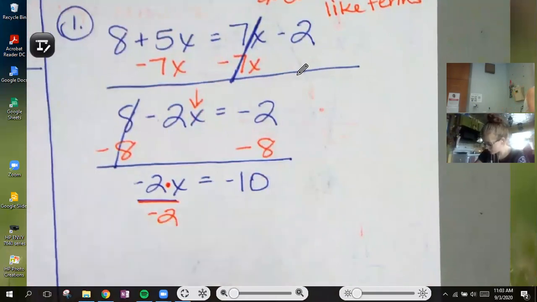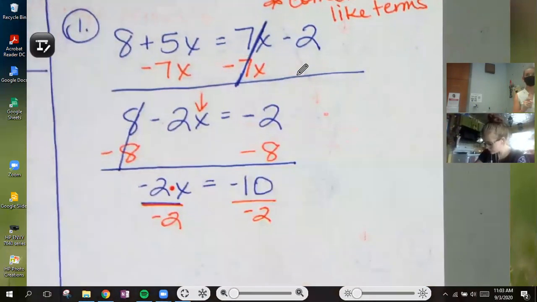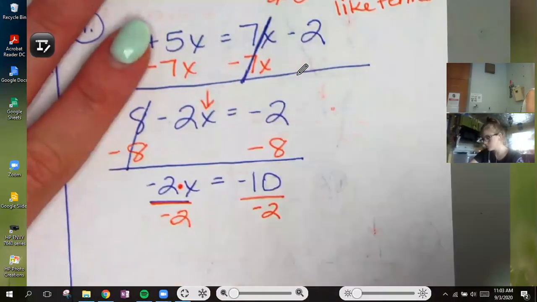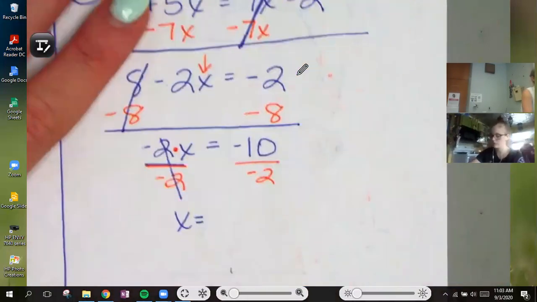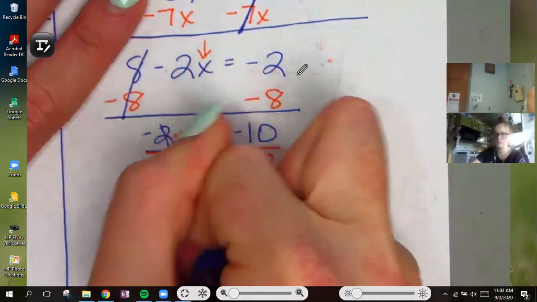Correct. If you had a normal equation, like x is 5 and it was a product of 2, it would just be 10. So 2 times 5. Okay, so those cancel. x equals negative 10 divided by negative 2. It's positive 5.